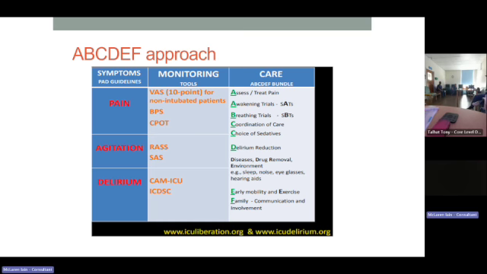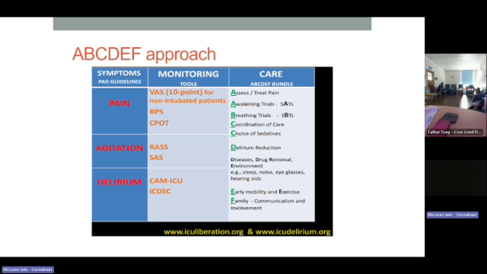If they're agitated to a point of being distressed or it makes their management impossible, then appropriate use of sedation to maintain the RASS to produce a calm but comfortable patient. These need monitoring, and also monitoring for their state of delirium, so the CAM-ICU.